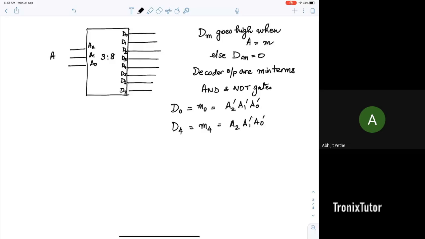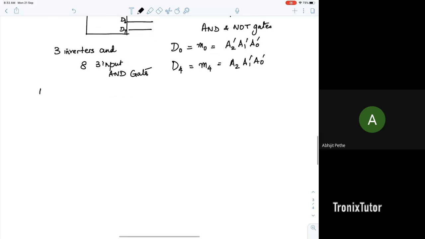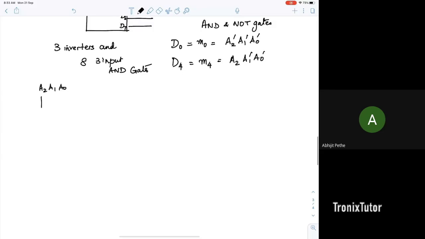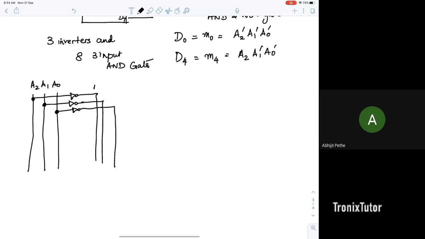So if you think of designing a 3 to 8 decoder, you need to have 3 inverters and 8 3-input AND gates. So how would you design this? Very simple. You take A2, A1, A0, and using these you can create their inverted outputs, so these are my A2 prime, A1 prime, and A0 prime.